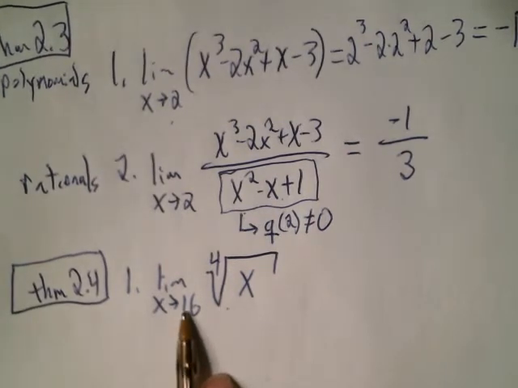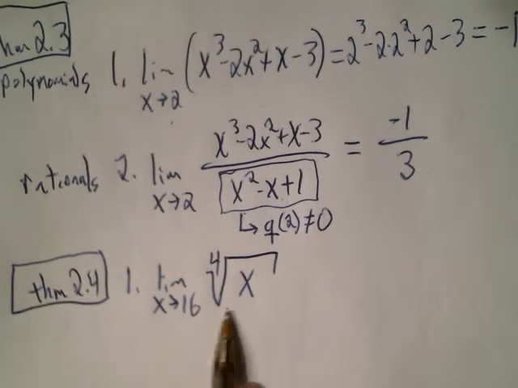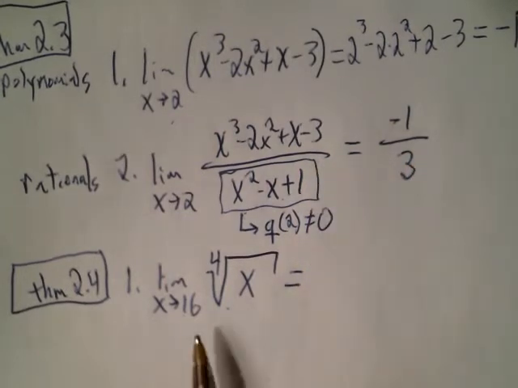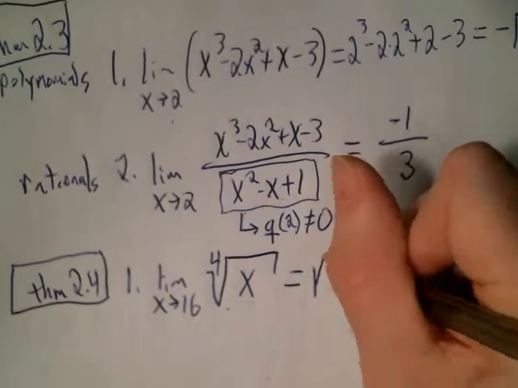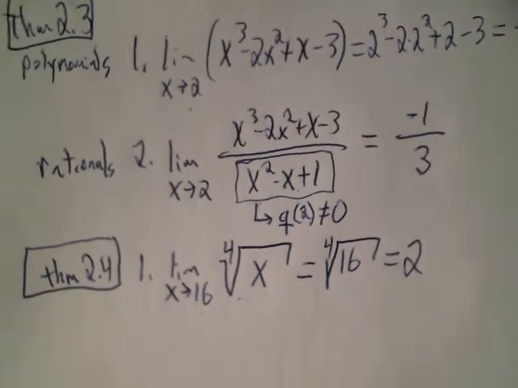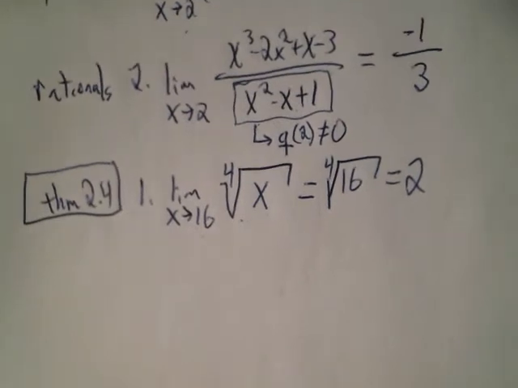From the left, the limit won't exist because it will be undefined. Anyways, it's just a matter of substituting this in here. So you'll just have the 4th root of 16, which is 2.